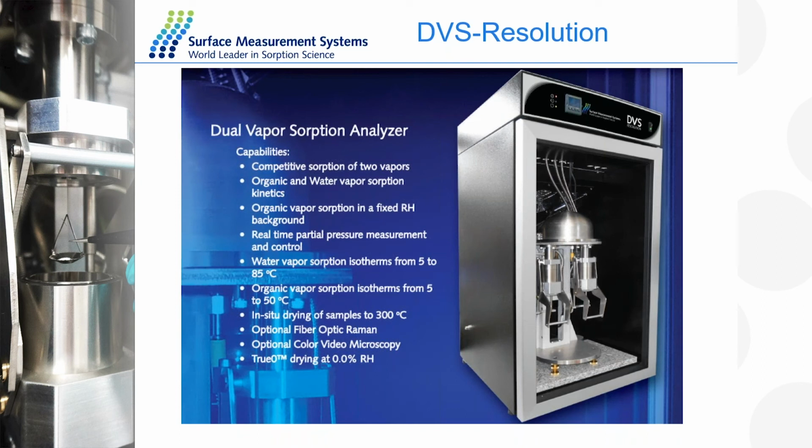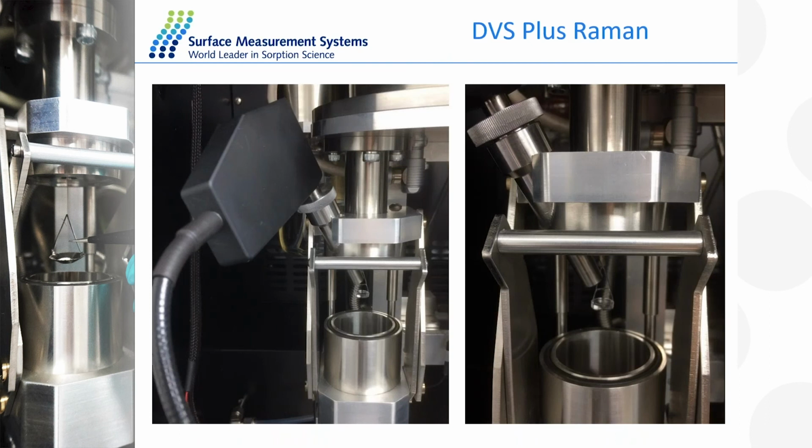Moreover, this system also allows you to associate the machine with a separate Raman spectrometer that allows us to collect a spectrum of the sample at the end of each stage of the experiment. And how do we do that? We have a Raman probe that is mounted on the chamber of the DVS that allows us to measure and collect the Raman spectra directly from the pan of the DVS.